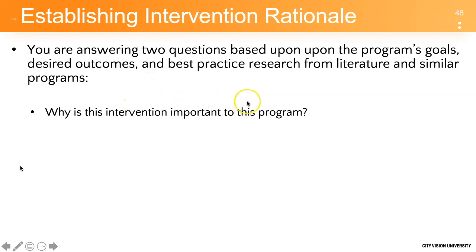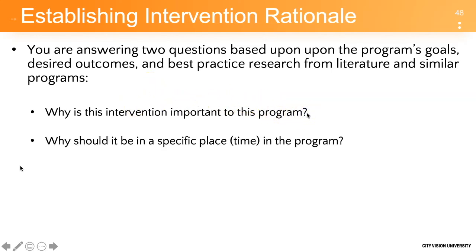It's why is the intervention important to this program? And the second is, why should it be in a specific place or time in the program? So if you're going to have, for instance, Genesis, you may use that program, and you'll have to explain why you're going to use Genesis in your program. And it's philosophical, but could also be from a cost perspective as well.